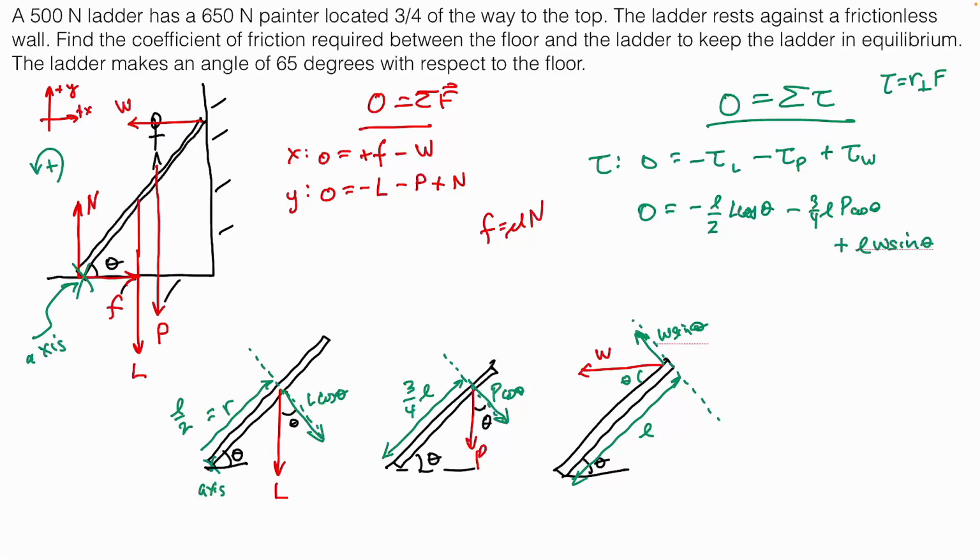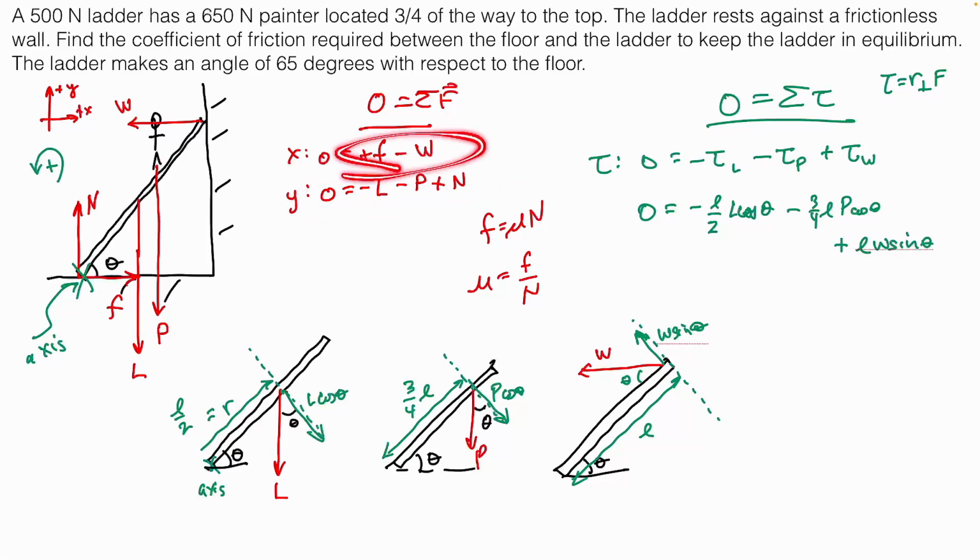Okay. So walk me through a strategy before we start doing any math. How am I going to find this coefficient? What do I need to find? I need to find F and the normal force. How am I going to find the normal force? It's right there, isn't it? The normal force is the only unknown in that statement because L and P are both numbers, aren't they? Okay. How am I going to find F?